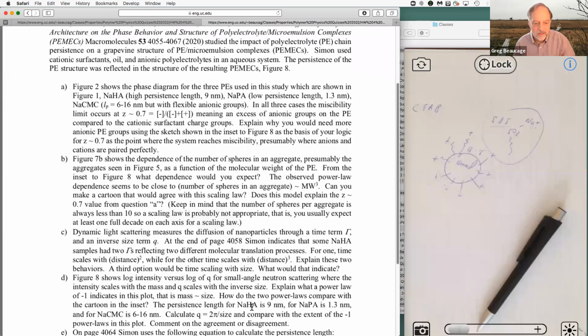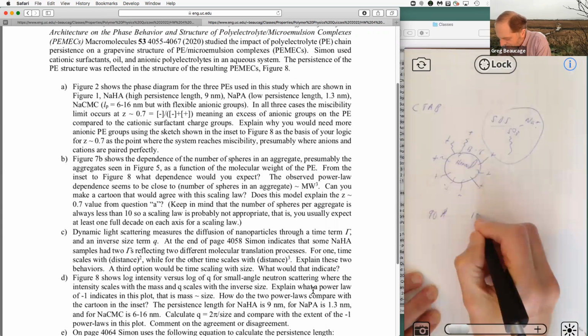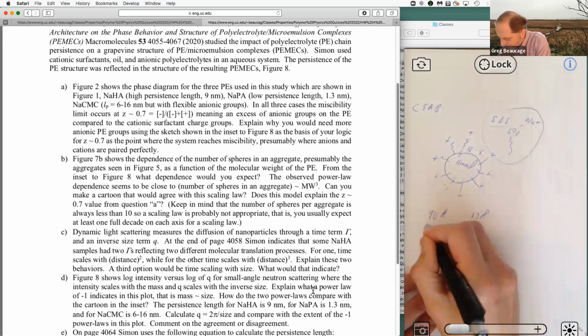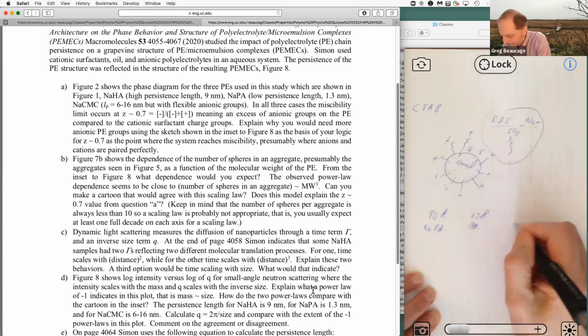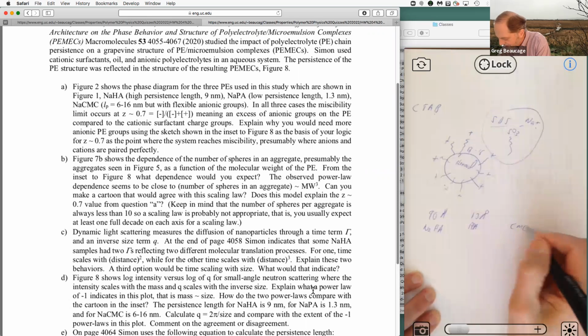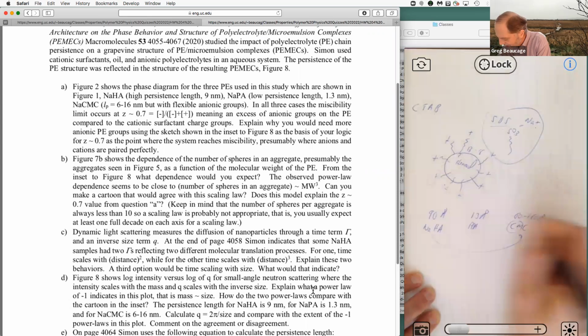So sodium hyaluronate is 9 nanometers, which is 90 angstrom, so that's pretty large. And then you have 13 angstrom for polyacrylic acid. Then they have carboxymethyl cellulose, which is the same glucose chain, but it's got a pendant charge group on the side that's less localized, and that's got a 60 to 160 angstrom persistence length for the chain.